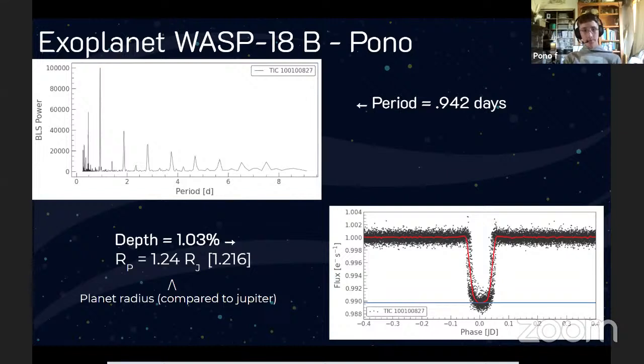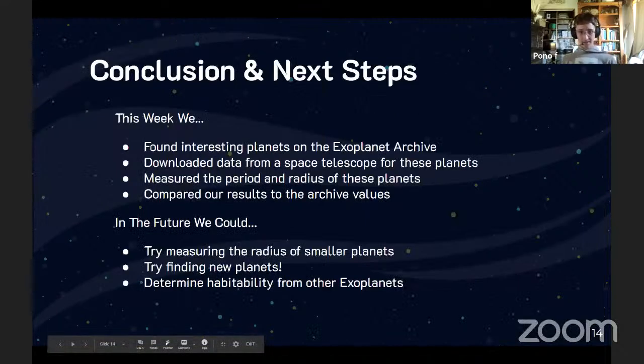The period of the transit that I measured was 0.924 days, from 0 to the biggest increase of light, the biggest transit. All right. Next slide.